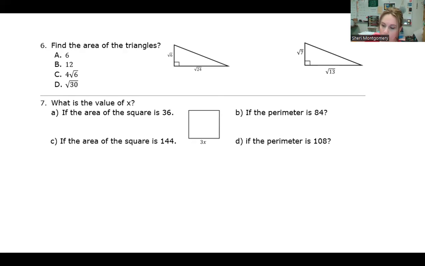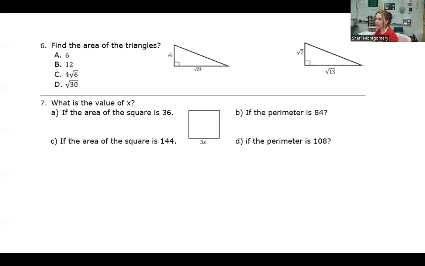So the area of a triangle, the thing that you need to remember about triangles. So this is a rectangle. How do I turn a rectangle into a triangle? Cut it in half. It's half of a rectangle. So to find the area of a rectangle, we just do length times width, right?